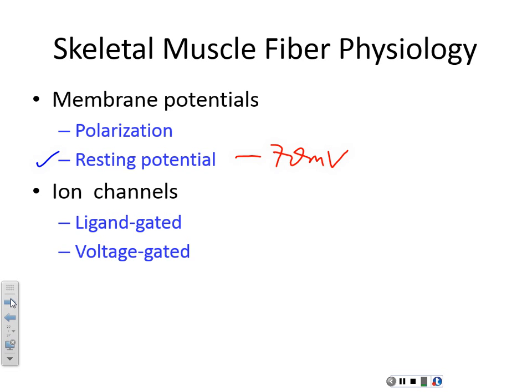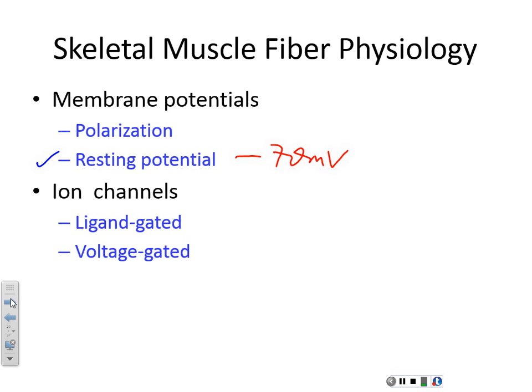A ligand-gated channel will open when something attaches to it, like a ligand, like acetylcholine. So know those two kinds of gates. One opens when something attaches to it, a ligand like acetylcholine. The other opens when a voltage changes, so it's voltage gated. It will listen to, say, minus 55, for instance.